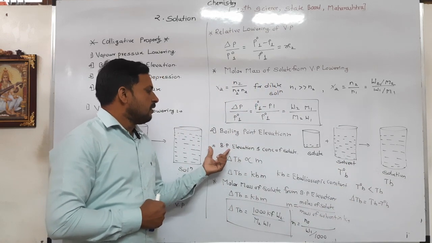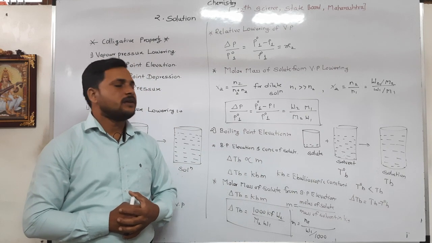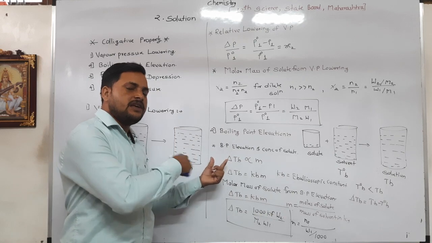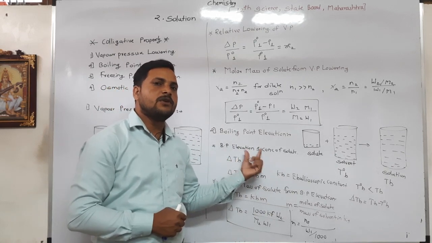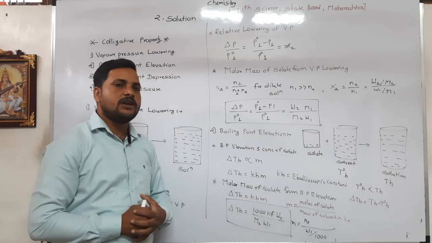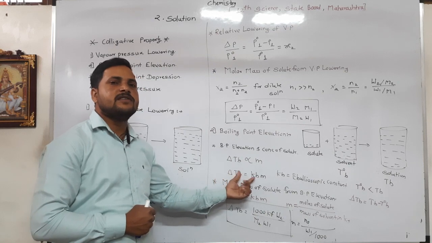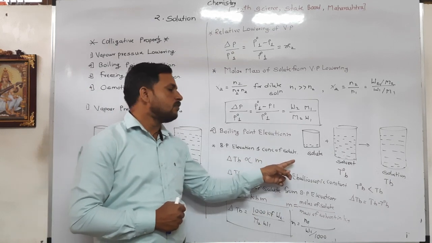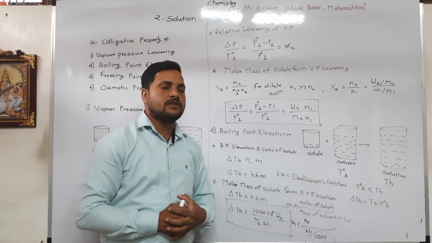Next point, boiling point elevation and concentration of solute. The elevation in boiling point is directly proportional to the molality of the solution. This equation is written in the form delta Tb is equal to Kb into m, where Kb is the ebullioscopic constant or molal elevation constant.